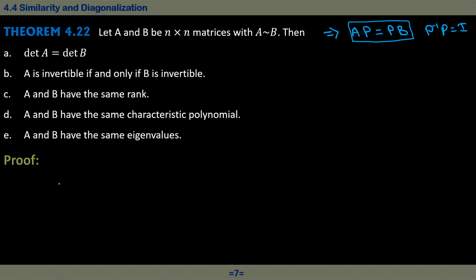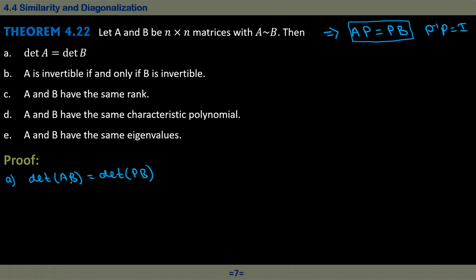Proof: we want to show the determinant of A equals the determinant of B. Since A times P equals P times B, we can calculate that the determinant of AP is equal to the determinant of PB.